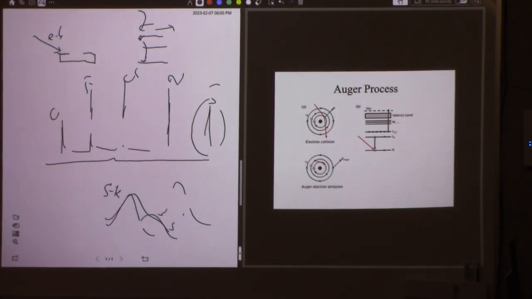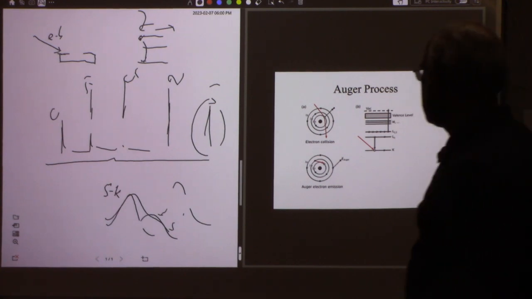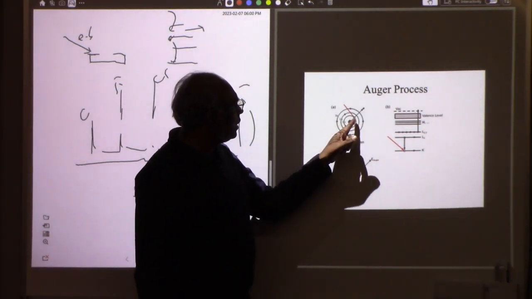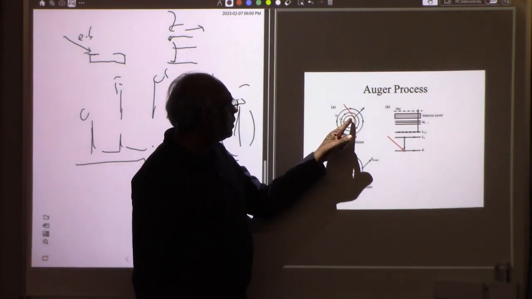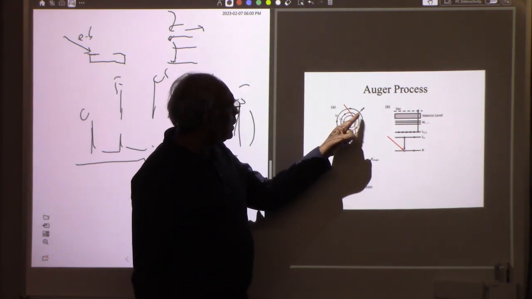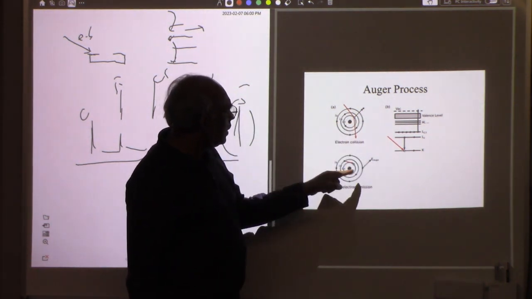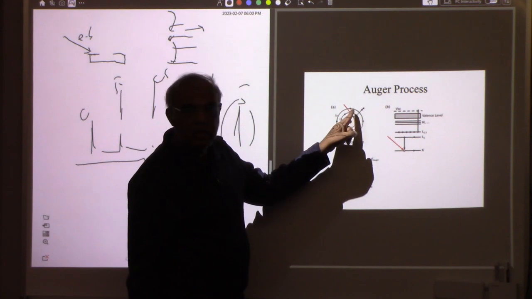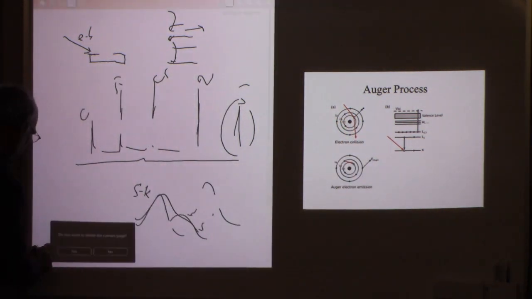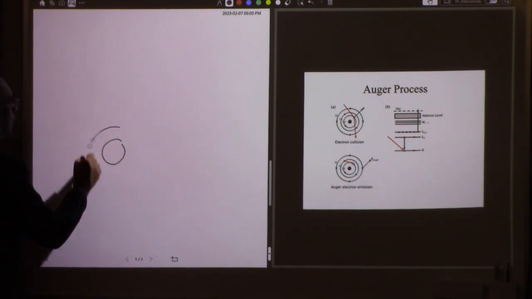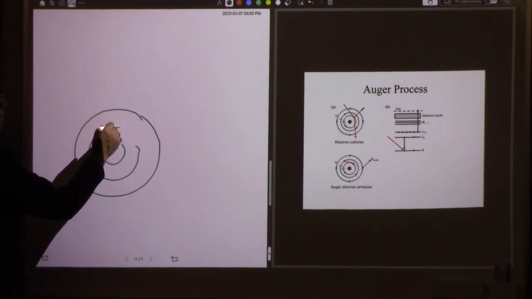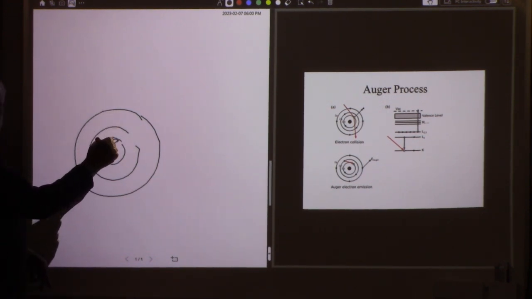Then there's also something called Auger spectroscopy. In this case, remember, when you remove one core electron, suppose this one, then the higher states drop to this one, right?